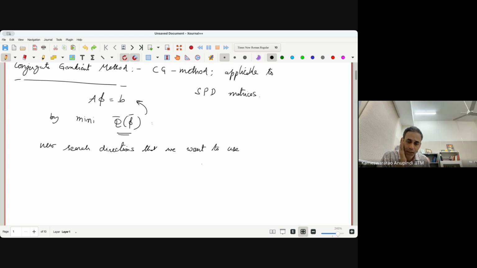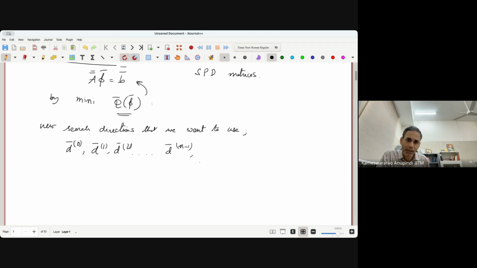Okay, so these are known as the directions. Let us say we want to call them D0, D1, D2, all the way to Dn minus 1 or Dn, where D's are again vectors. I may not write the overbar, but we realize that these are all vectors. In fact, whatever I'm writing here are vectors. Okay, and A is a matrix.